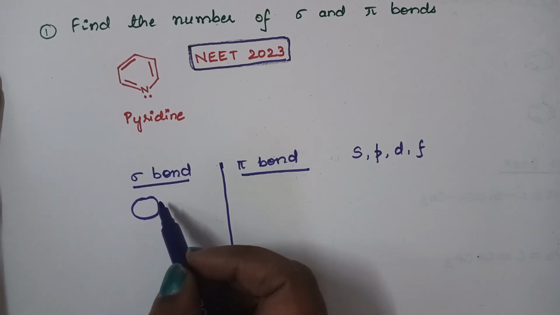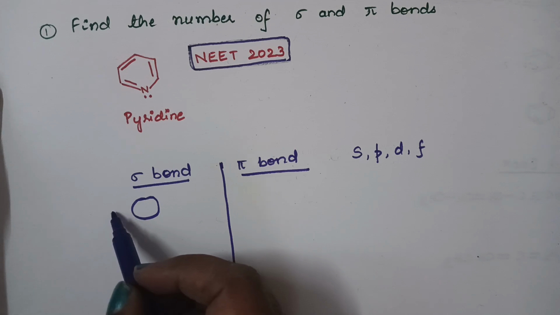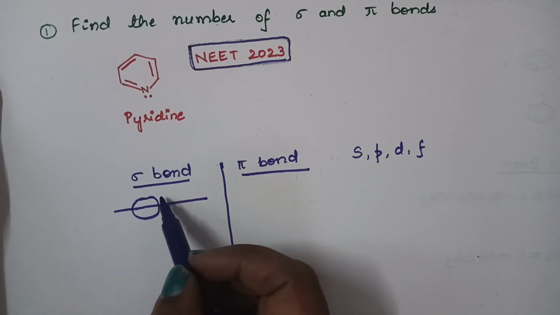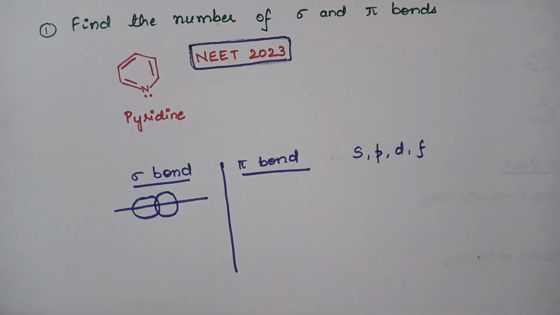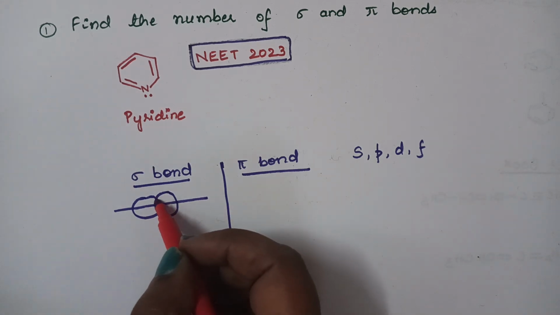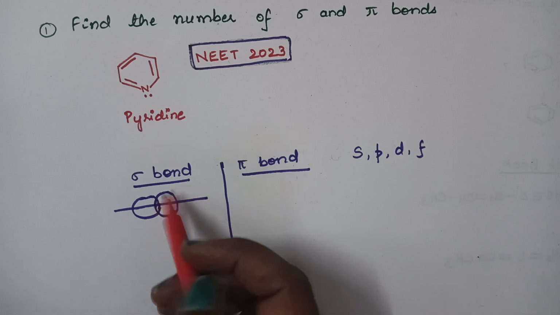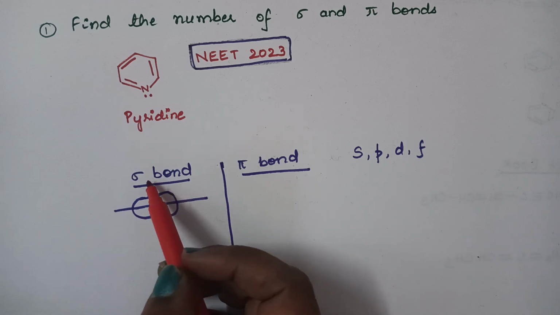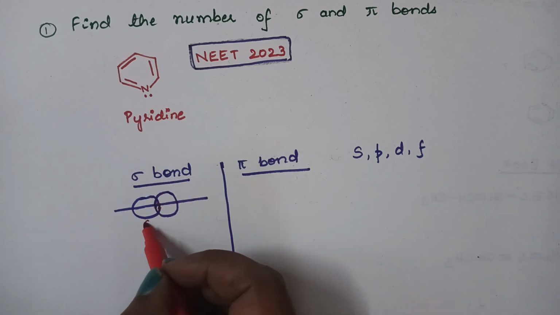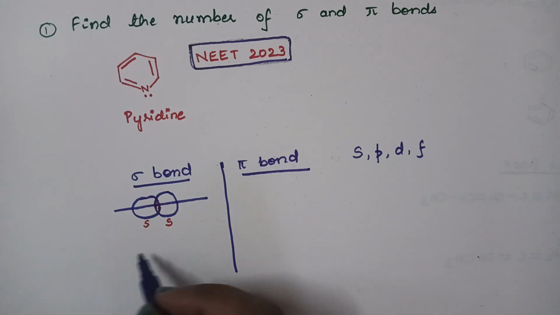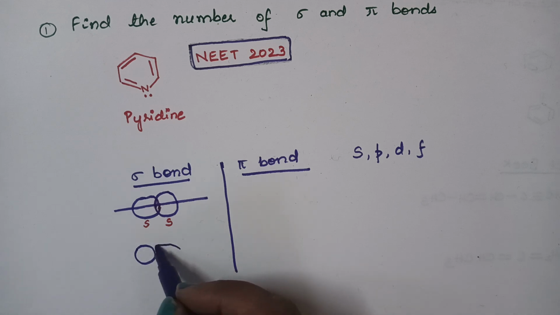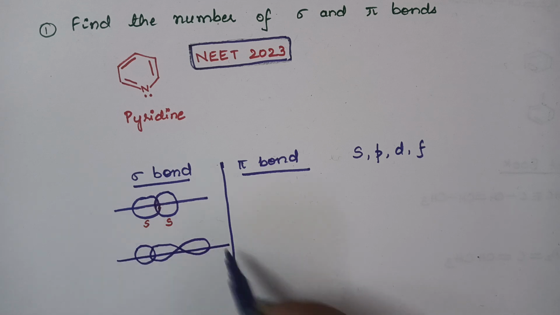When two s orbitals overlap along the axis. So this is the axis, and along the axis, two s orbitals overlap. Here this is the overlapping, and this results in the formation of a sigma bond. Another method is that one s orbital can overlap with one p orbital along the axis.